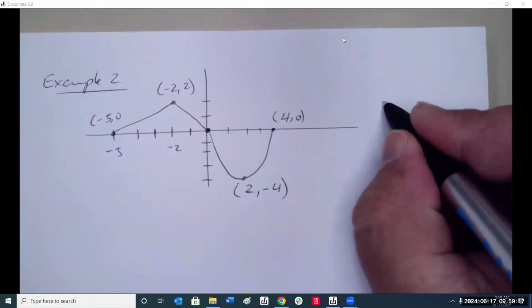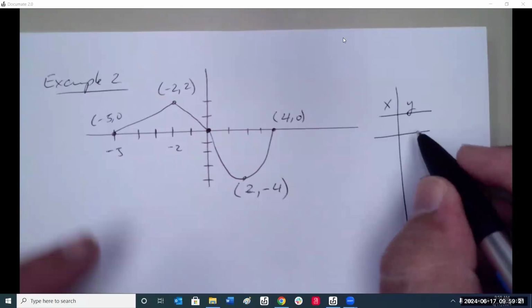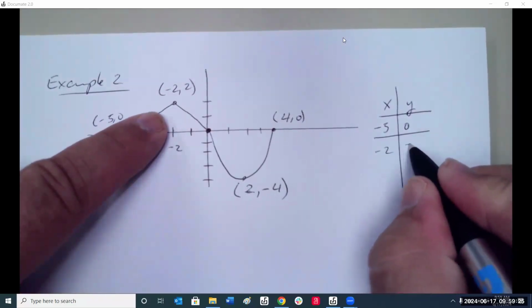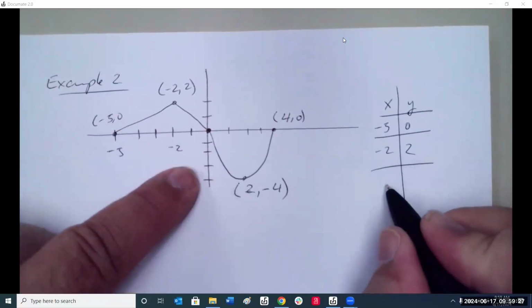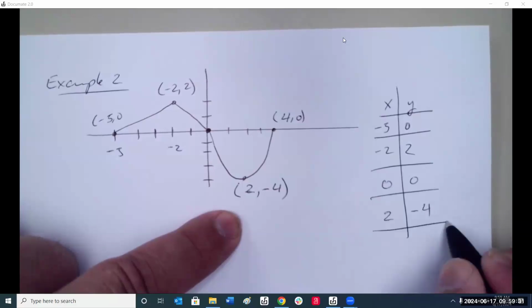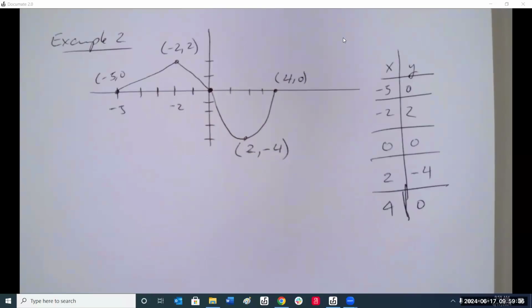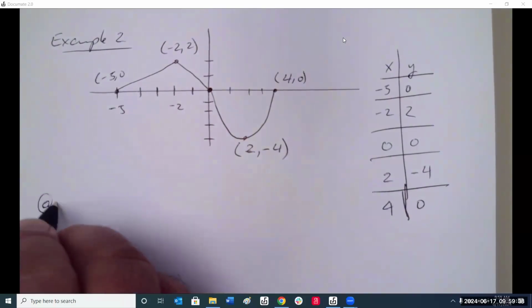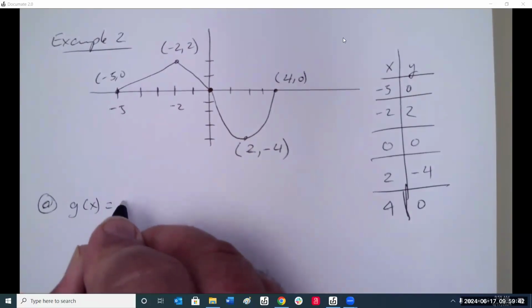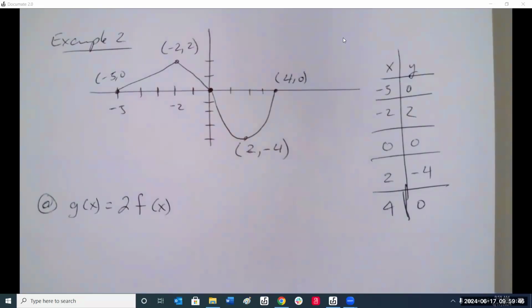So let's look at these points. We have a point at -5, 0, -2, 2, 0, 0, 2, -4, and 4, 0. What would the graph look like if I gave you this?